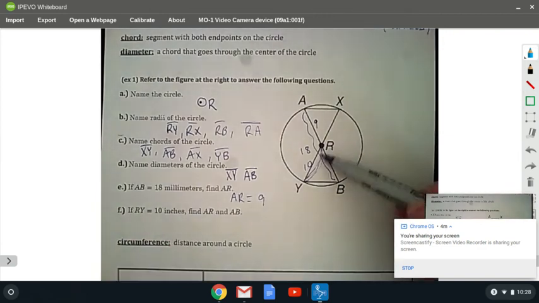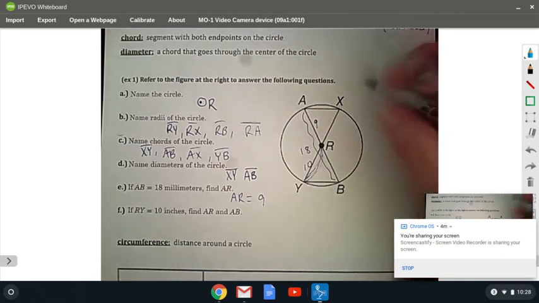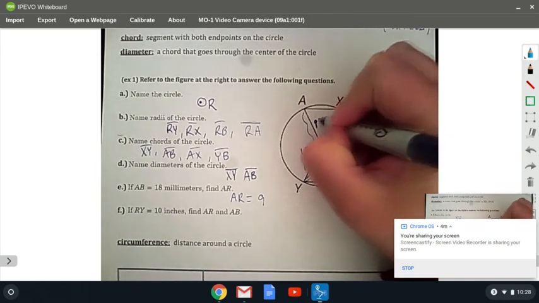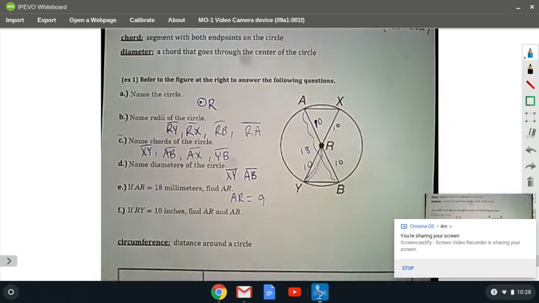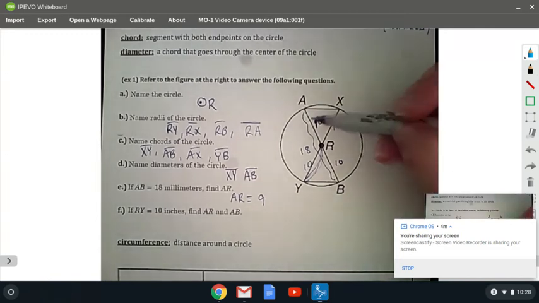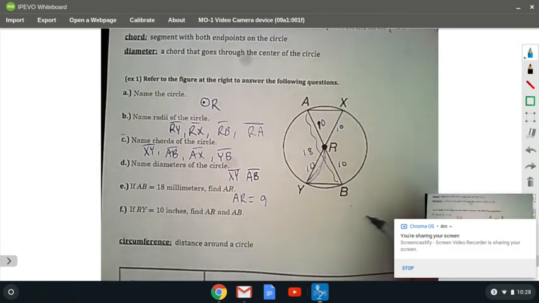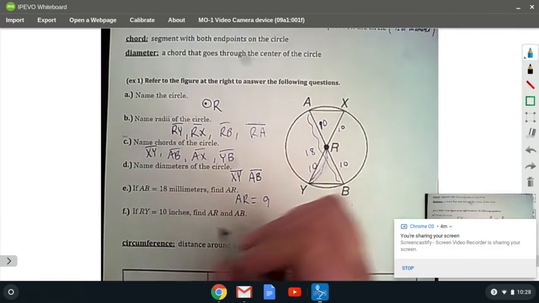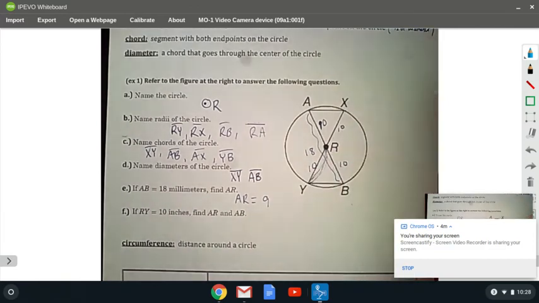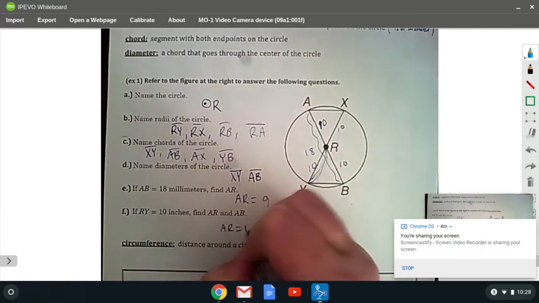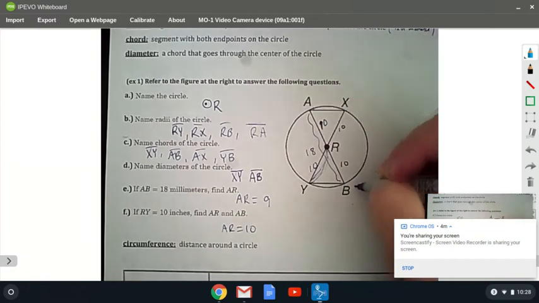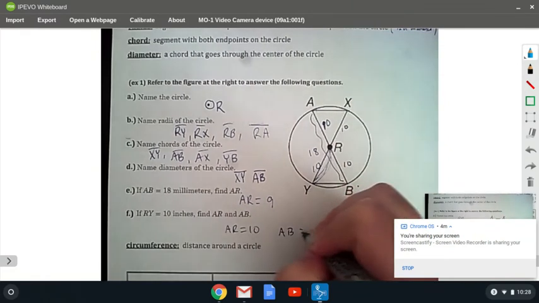So in this case, if RY is 10, that would also make this 10. It would also make this 10. It would also make this 10. Okay? Which means my diameters would be 20 because I'm doubling that radius. So AR is a radius, so AR would be 10. AB is a diameter, so AB would be 20.